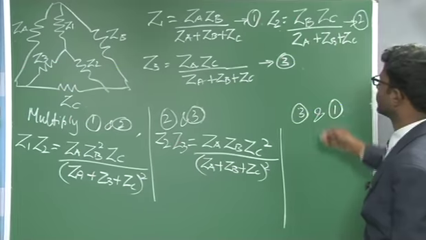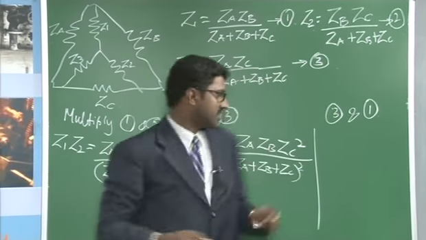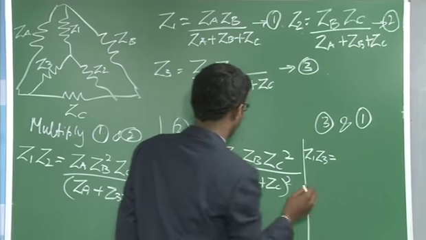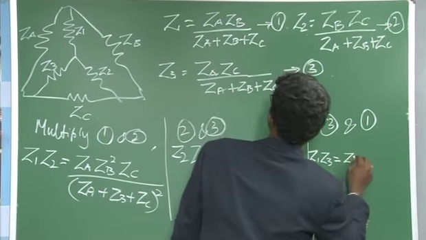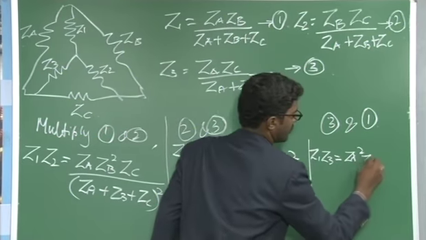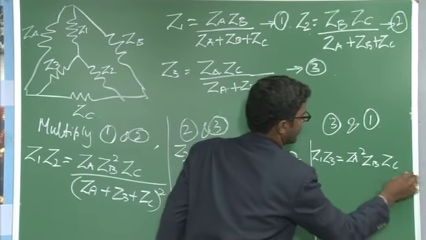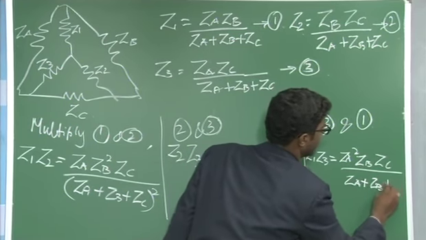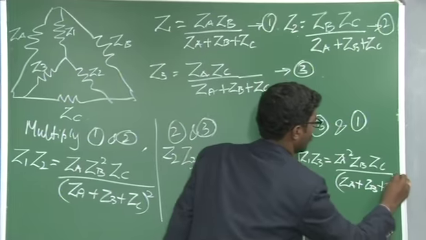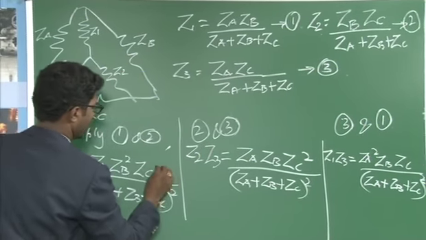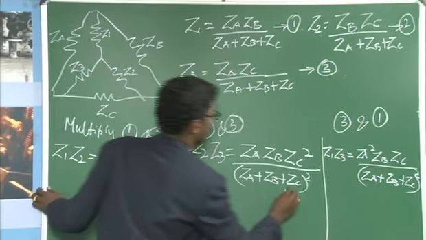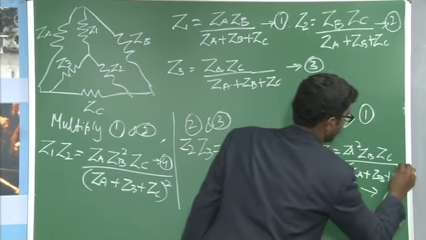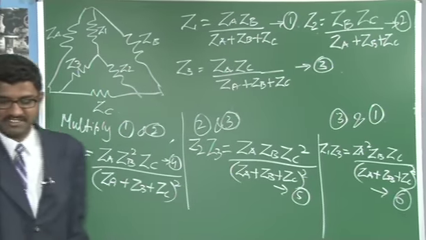Z1 into Z3 will be equal to ZA square ZB into ZC whole divided by ZA plus ZB plus ZC whole square. I call these equation 4, equation 5 and equation 6.